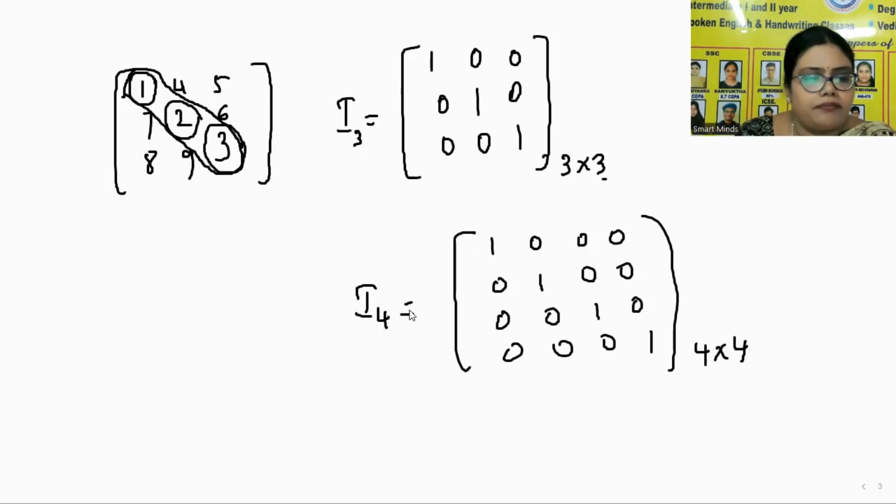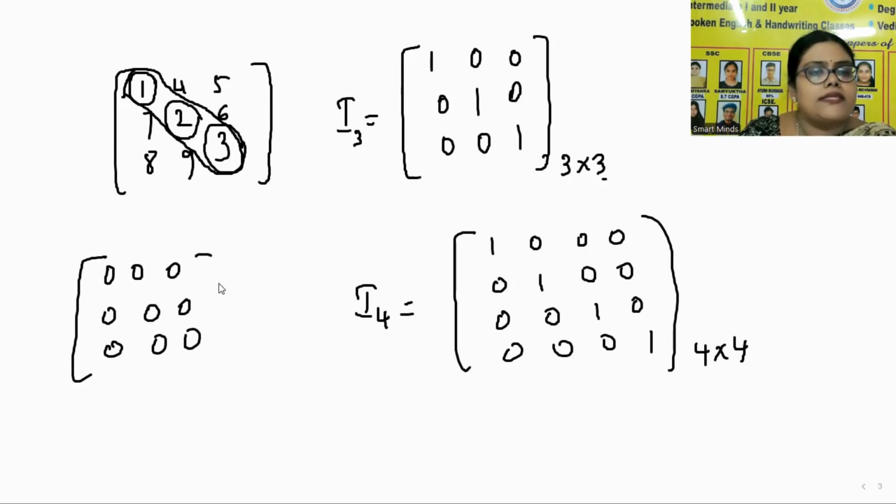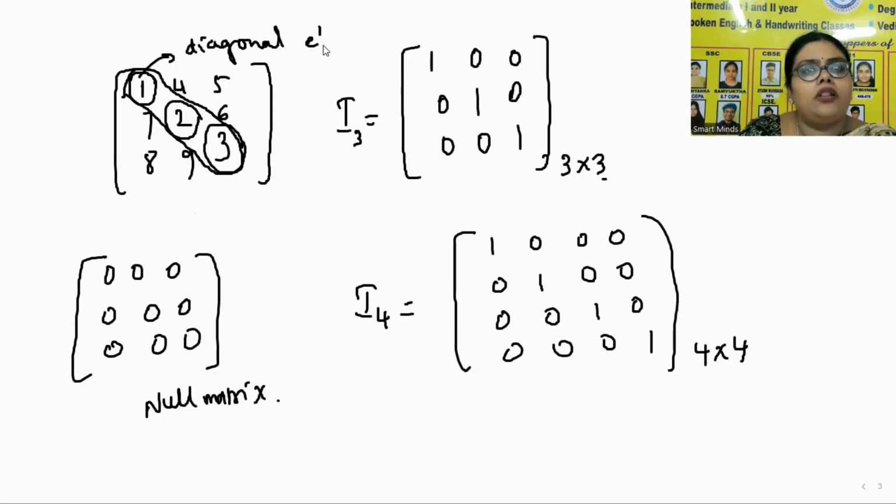Did you understand? And if all the elements of a matrix are zeros, you call it a null matrix. The elements of the principal diagonal are called diagonal elements. If you add all the principal diagonal elements, you get the trace of a matrix.